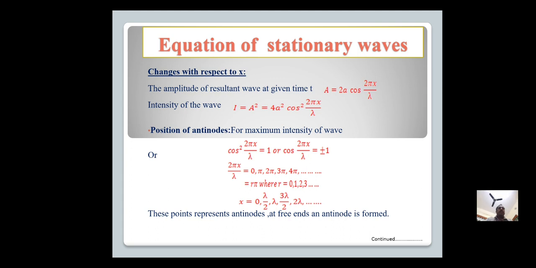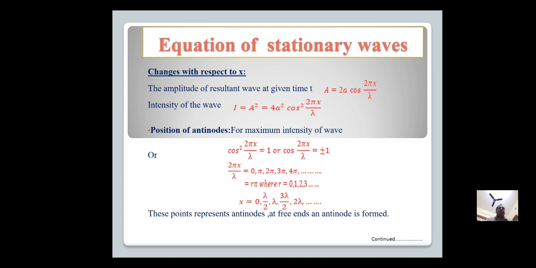If we have to find the position of the antinode where the intensity is maximum, for that cos square 2 pi x upon lambda should be plus 1, or cos 2 pi x upon lambda should be plus minus 1. On solving this, we get x equal to 0, lambda by 2, 3 lambda by 2, and so on.